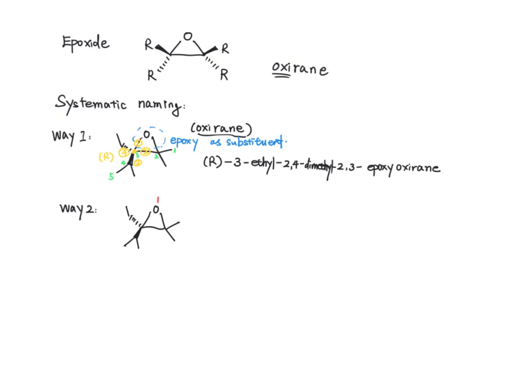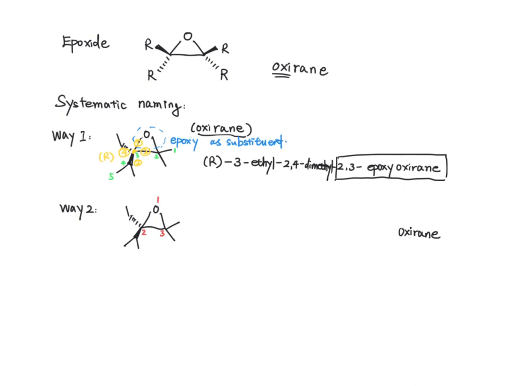You have the ethyl group on the left side, so this will go to 2 and 3. For this one, we simply call it oxirane. The difference here is in the first way you incorporate the epoxy as a substituent to name the chain, and in this one oxirane is the parent chain.